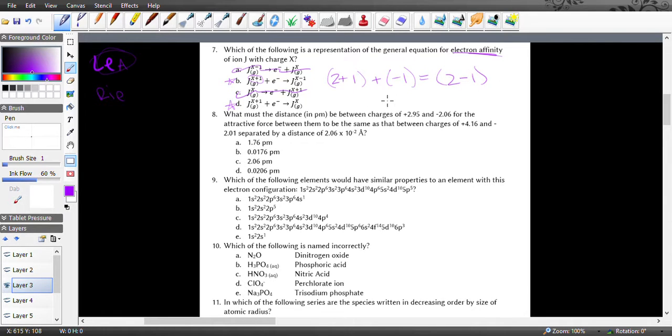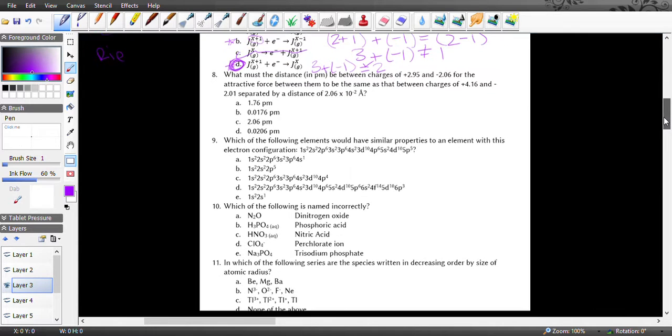Well, 3 plus negative 1 does not equal 1, right? Whereas this, if we use the same numbers, 2 plus 1 is 3, plus negative 1 equals 2. Add that up, check, it's true. It's going to be D.